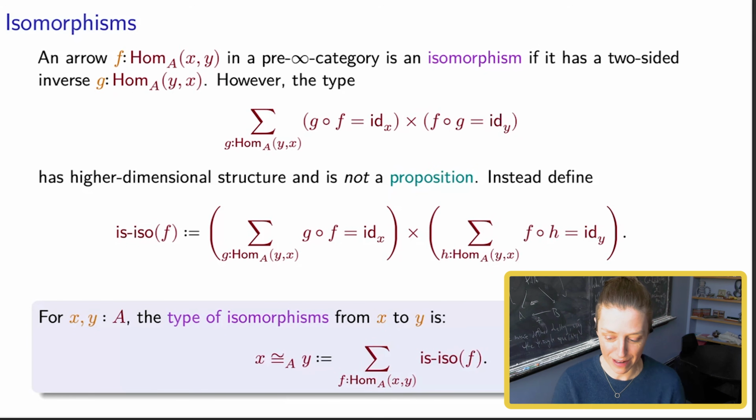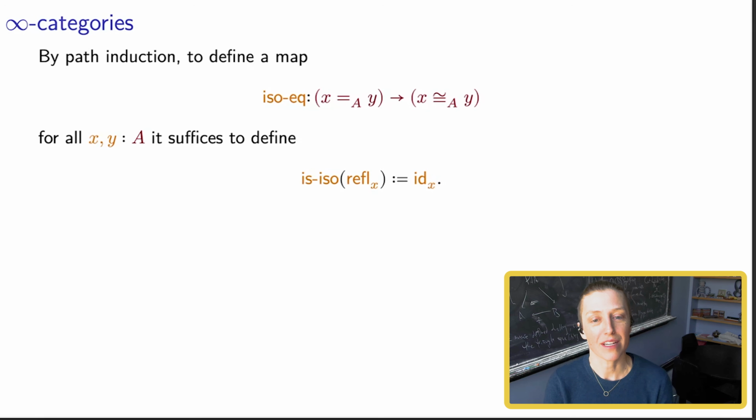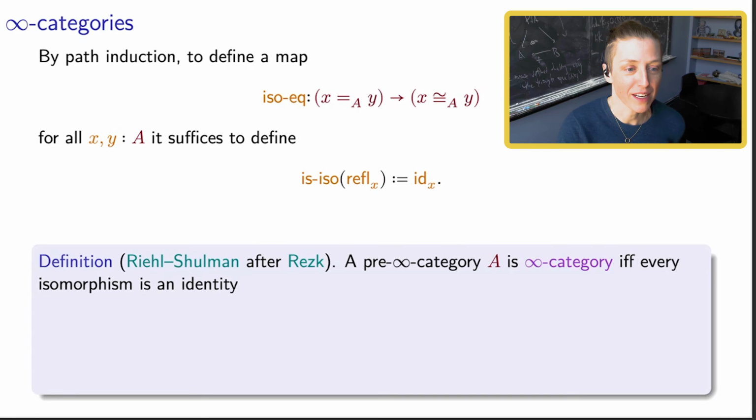So that's the type of isomorphisms. And as in our discussion of univalence, there's an analogy between the axiom I'm about to introduce and the Univalence Axiom. There's a canonical map from the identity type in A to this type of isomorphisms, defined by path induction.